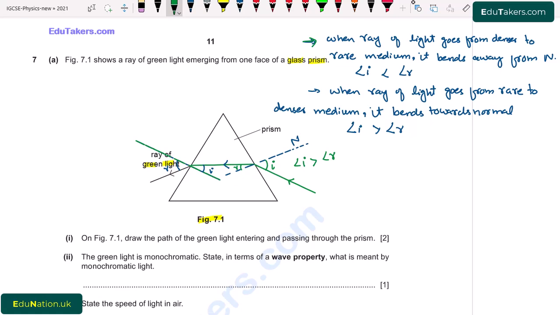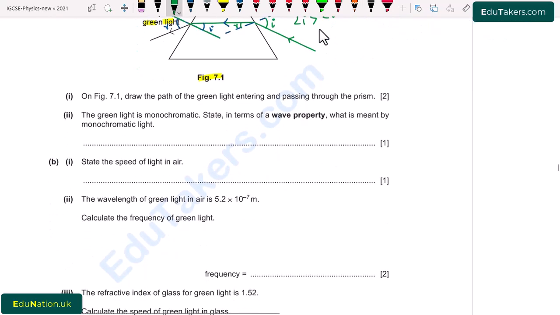So this is the complete path when a green light enters the prism, passes through it, and then gets refracted and comes out of the prism. So we have completed the first part. The second part is that the green light is monochromatic. State in terms of wave property what is meant by monochromatic light.